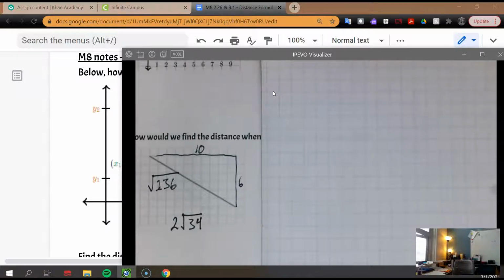Radical 136 is not a perfect square root. But inside of it, there is a perfect square root. Because I know that 4 times 34, I don't actually know that, my calculator does, equals 136. And this is still equal to radical 136, right? Splitting up, factoring, does not change anything.